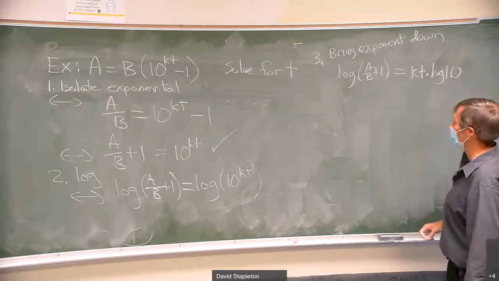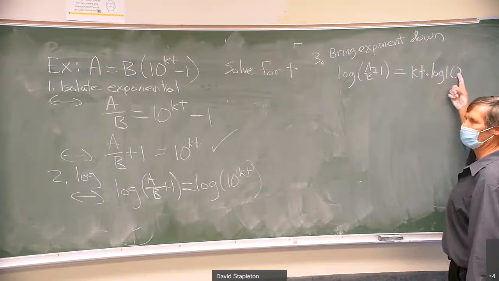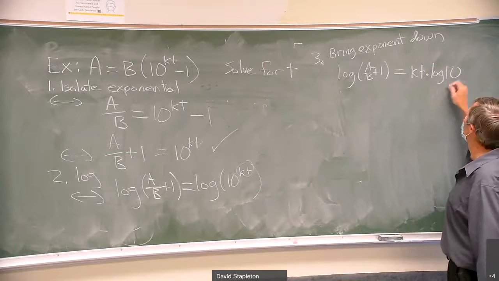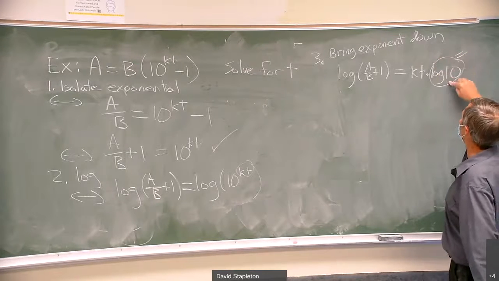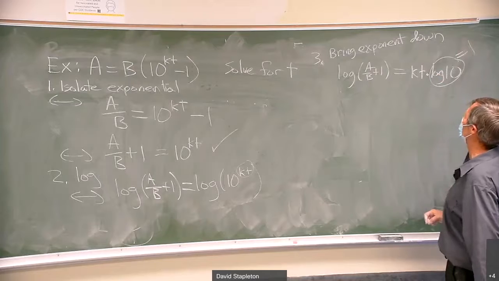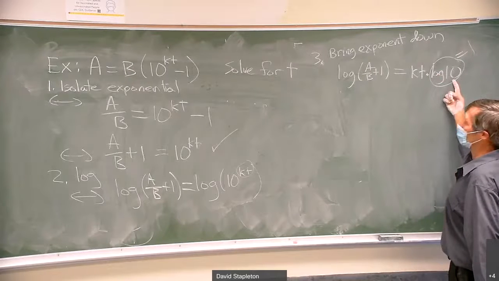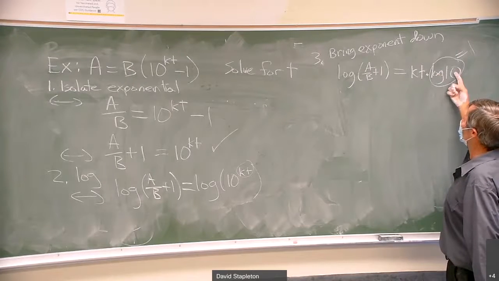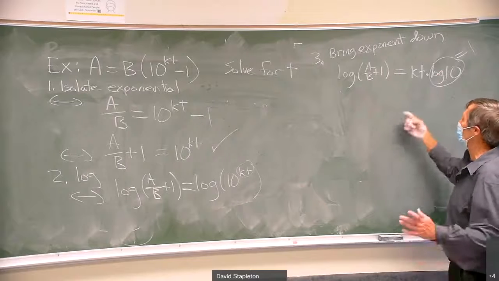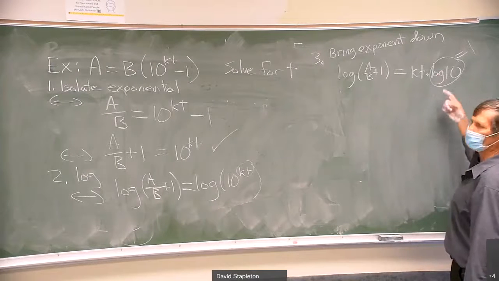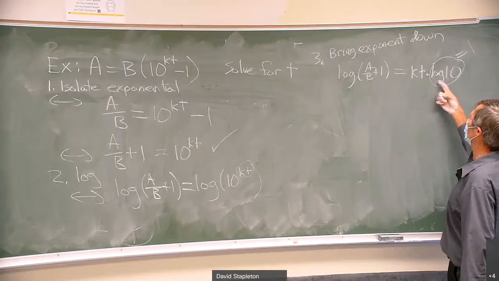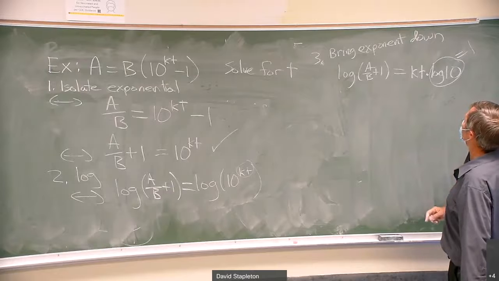Well, we're lucky in this case. What's log base 10 of 10? 1, right? Log base b of b is equal to 1 always. So this is going to be easier than usual. Even if this wasn't 10, we could just divide through by this logarithm and still get the answer. But on this one, to get the simplified answer in the back, you have to have 1 here, because they won't want you to put log 10 on there, I think.